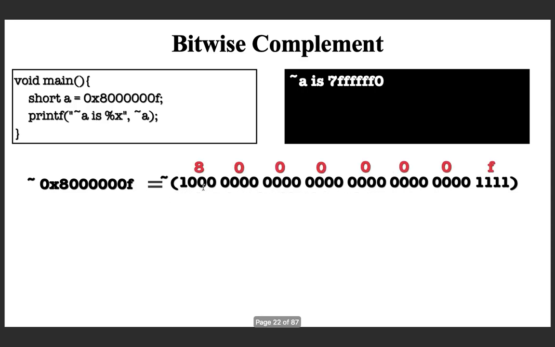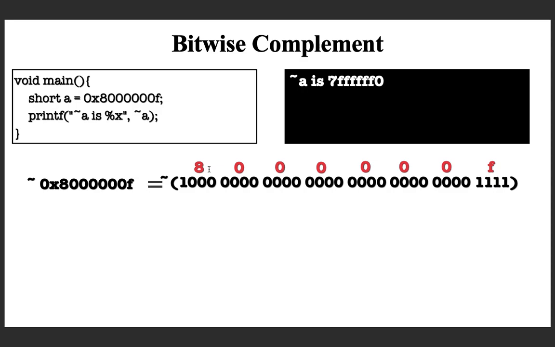So this is how it is represented. 8 is represented as 1000, the binary equivalent of 8, followed by 4 zeros, and F is the last hexadecimal value, which is 4 ones. I hope you already know this, otherwise just take it from me. Each hexadecimal digit is represented by 4 binary digits. You can just convert it into a value and see that it is correct.